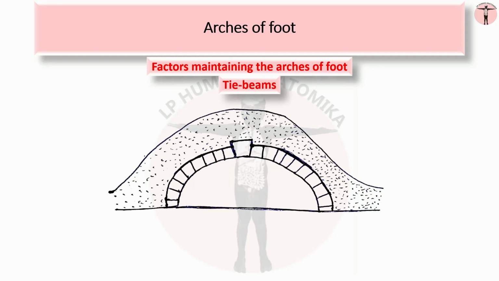When the two ends of the bridge are far apart with insecure foundations at either end, a tie beam connecting the two ends prevents the separation of the pillars and consequently prevents the sagging of the bridge. The long tendons extending through the sole can be compared to the tie beams in the arches.